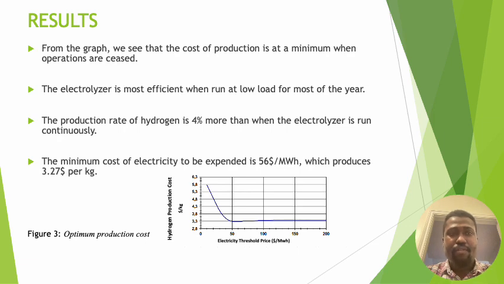The production rate of hydrogen is found with this analysis to be 4% more than when the electrolyzer is run continuously. And we also see that the minimum cost of electricity to be expended is about $56 per megawatt hour, which produces about $3.27 per kilogram of hydrogen.